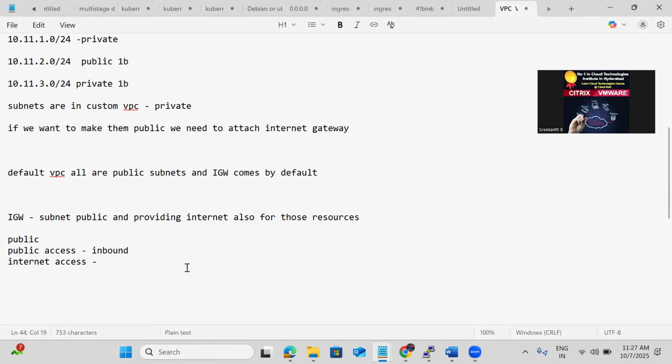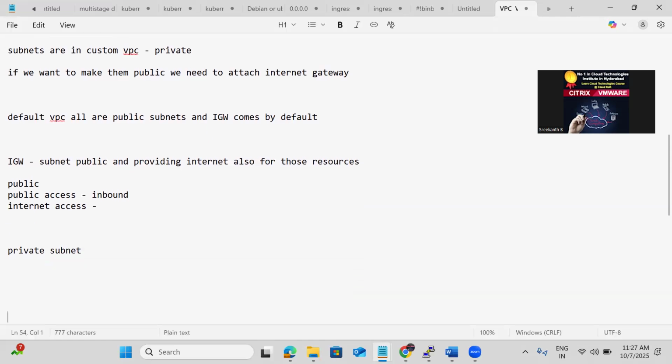So then what is the meaning of a private subnet? How will it become a private subnet? By default, in the custom VPC, it is becoming private only. Here we have a special type of devices called NAT devices: the NAT instance and the NAT gateway.